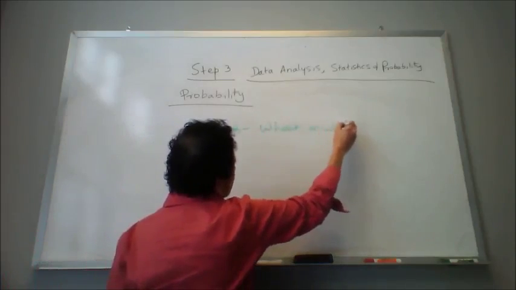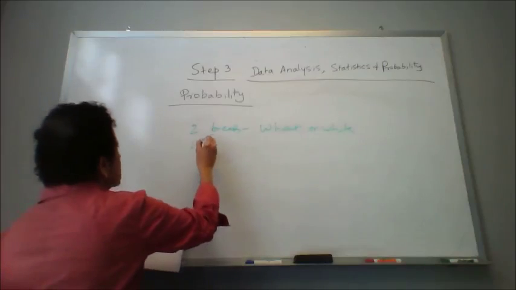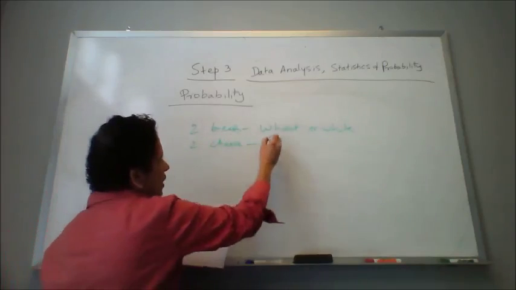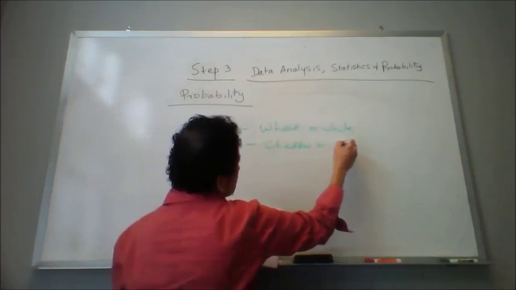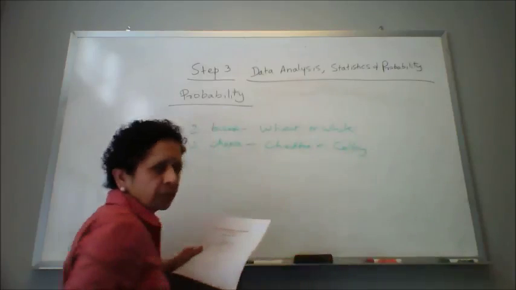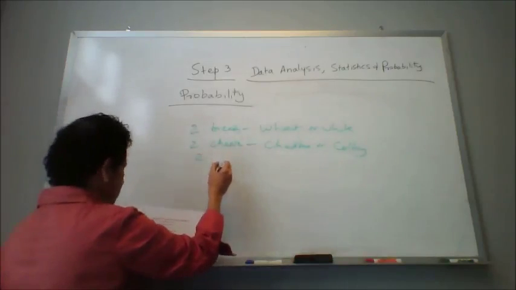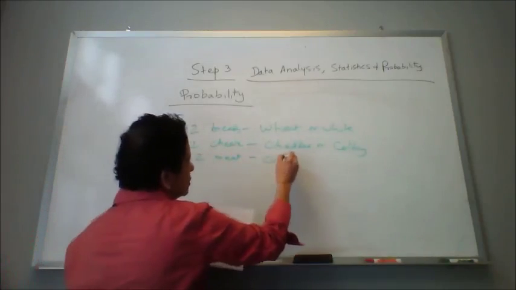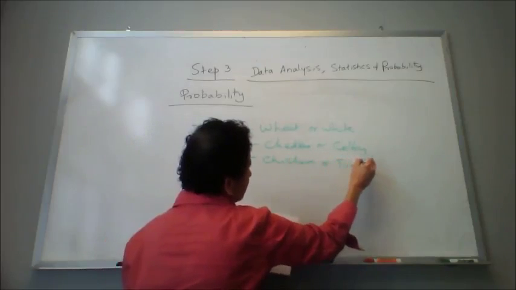Then let's say I've got 2 different cheeses. You can choose either cheddar cheese or Colby cheese, okay? And then there are 2 types of meat you can choose, either chicken or turkey, okay?